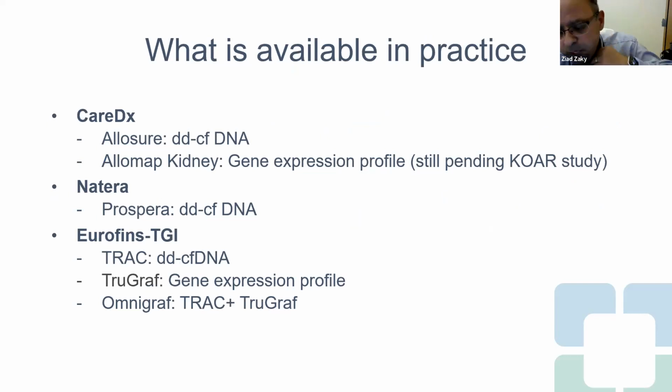Now, I did mention a lot of names, and probably you're going to see these names when you go to the American Society of Nephrology or the American Transplant Congress. So I wanted to give, in a nutshell, what is available right now. We have 3 companies: CareDx, Natera, and Eurofins. We have a test called AlloSure, which is donor-derived cell-free DNA.